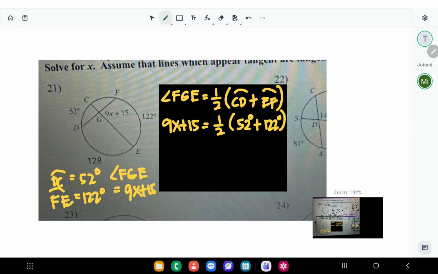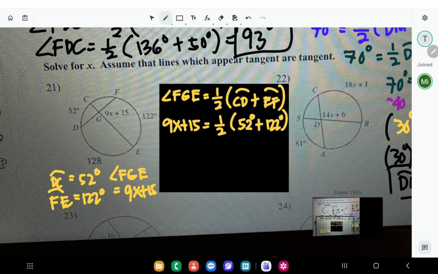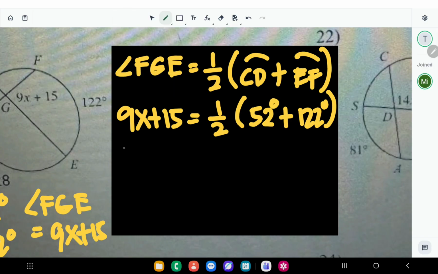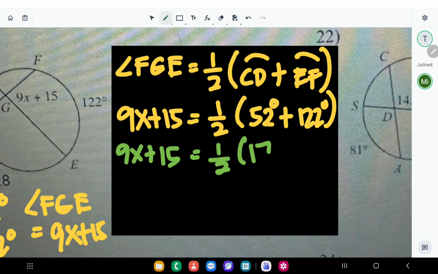It says here solve for x. So 9x plus 15 equals 1/2 times, what is 52 plus 122? Okay, 174. And what is 1/2 times 174?